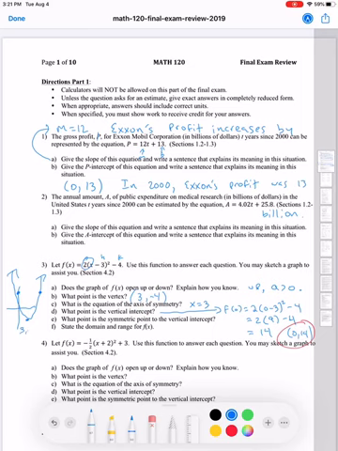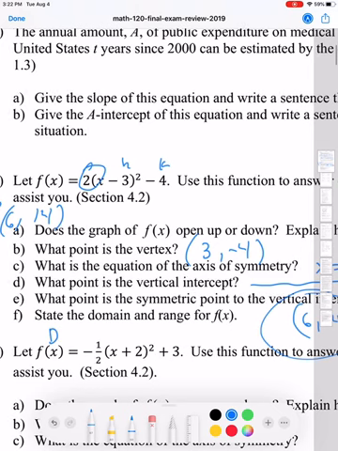If the vertex is (3, -4), you travel 3 to the center, because that's the x, and another 3. That will put us at (6, 14). So this is (0, 14). The other one is (6, 14). So 3e, we get (6, 14).